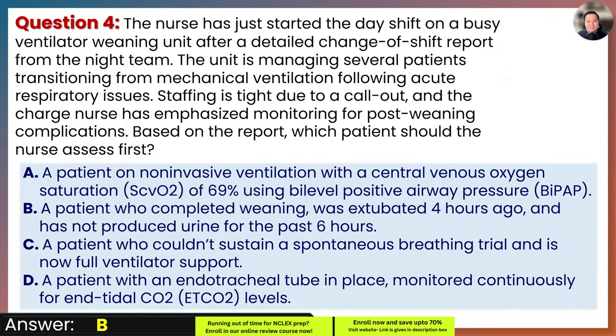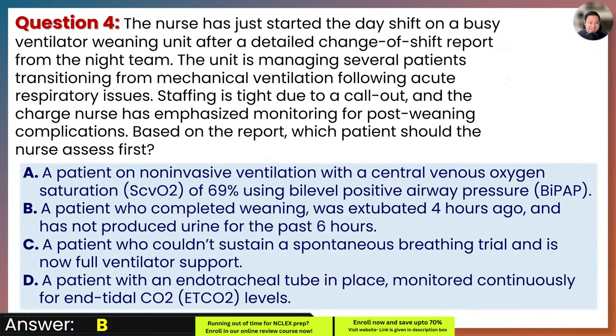And why is that? Well, I want to emphasize here that in a busy ventilator weaning unit, you have to really keep in mind that prioritization is about recognizing the patient at the greatest risk of deterioration. Now, all 4 patients require monitoring, but the one who just underwent extubation and has not produced urine for 6 hours is the most concerning.